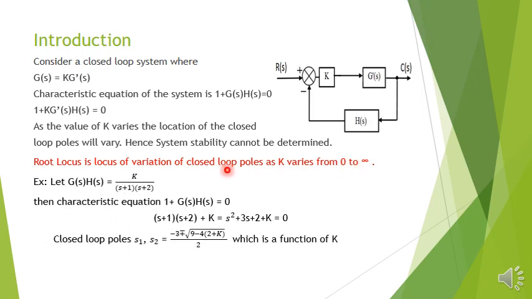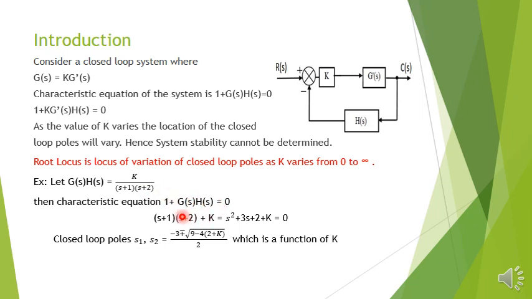For that I will consider an example. Let G of S H of S equal to K by S plus 1 into S plus 2. Then what happens to the characteristic equation? According to the concept of the characteristic equation, 1 plus G of S H of S equal to 0. So 1 plus K divided by S plus 1 into S plus 2 equal to 0.